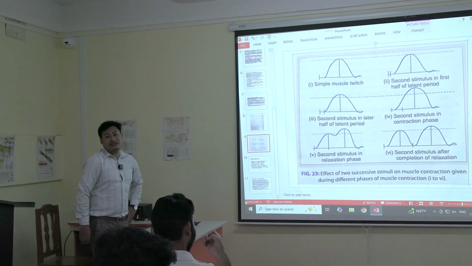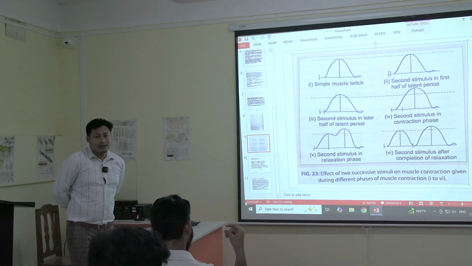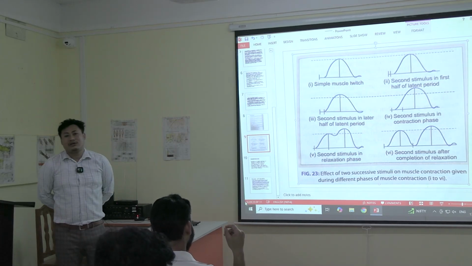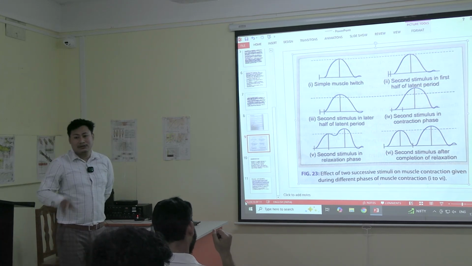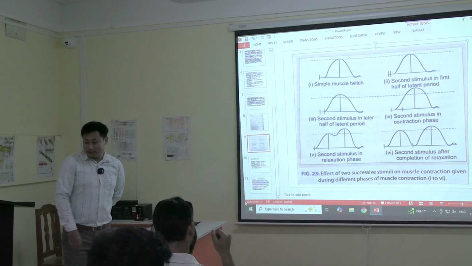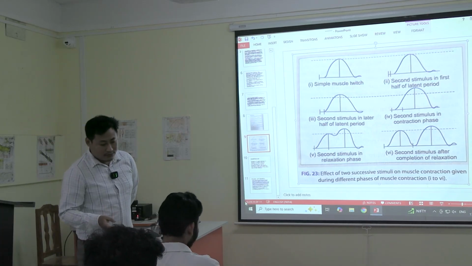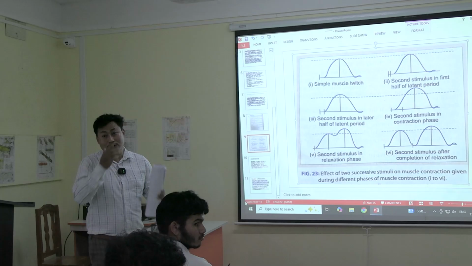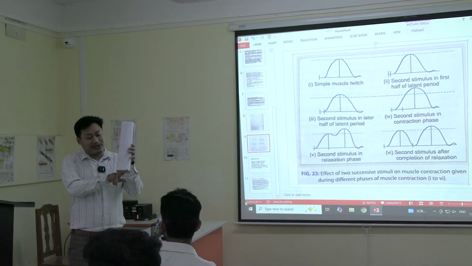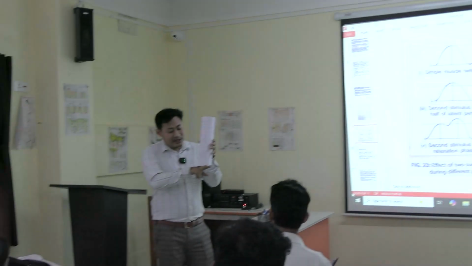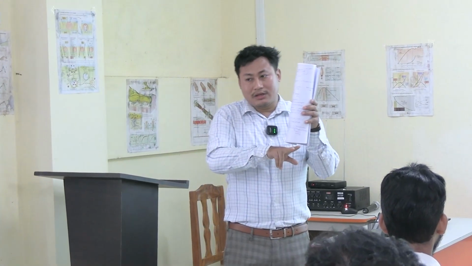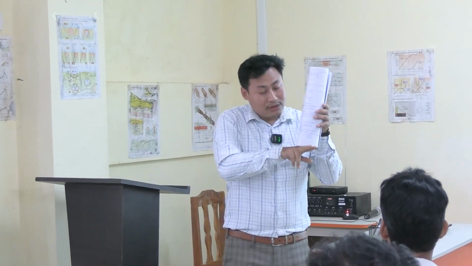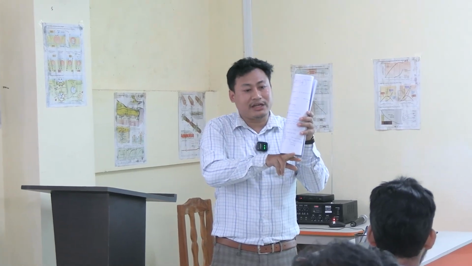So how do we give two successive stimuli? Basically the preparation is nearly the same as in your previous experiment, but here we will be using two strikers. Suppose this is a drum, we will have two strikers. In one complete revolution, there will be two stimuli. These strikers are made so that one is constant and one is variable.